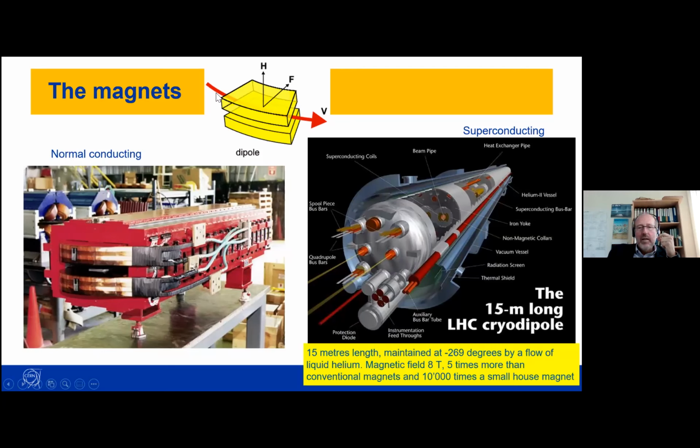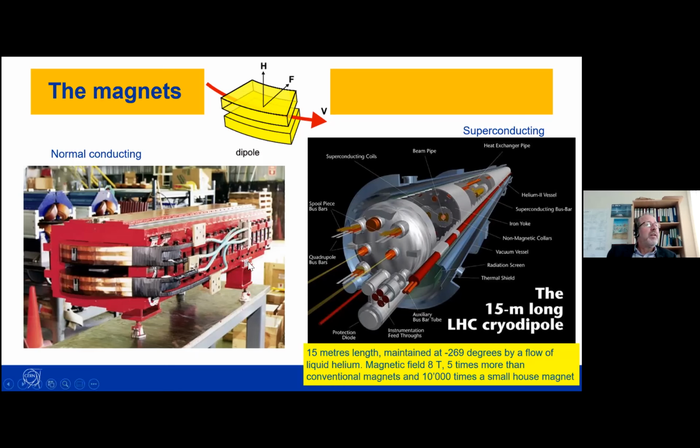What I have to tell you is that there is another interesting way to build magnets at higher field. If you want to go to higher and higher energies, you need larger and larger synchrotrons, or you need more magnetic field. The only way to keep the synchrotron dimensions relatively smaller is to go to superconducting magnets and superconductivity.